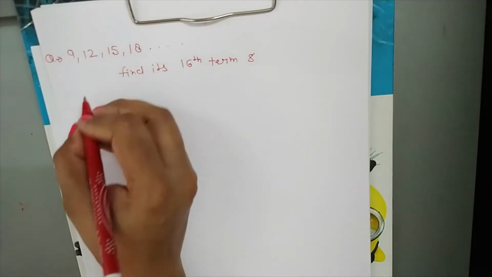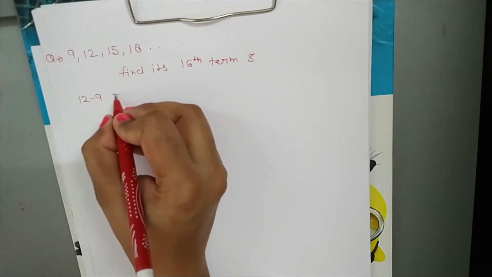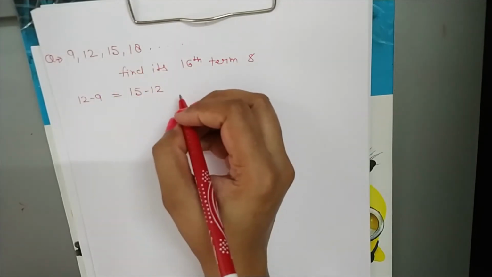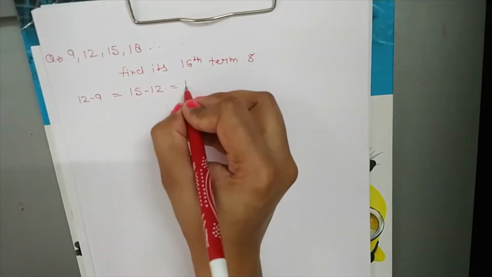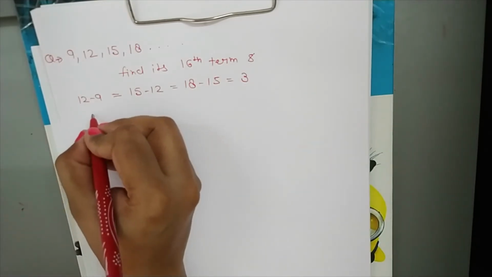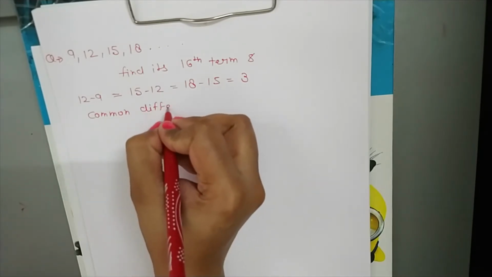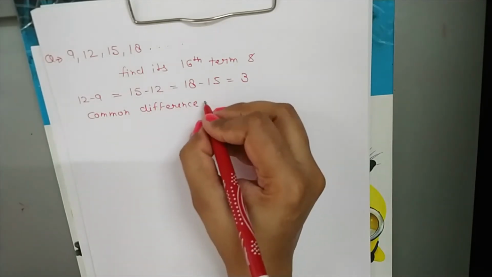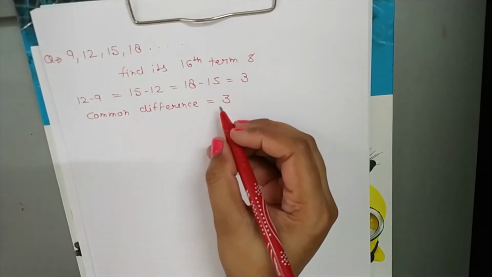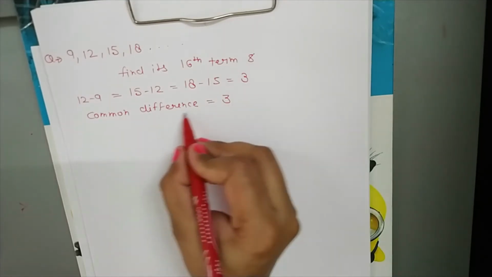Here you can see that 12 - 9, 15 - 12 and 18 - 15 are all 3. So the common difference is 3 and the first term is 9. The common difference is the same, so we can say the given sequence is an AP with common difference 3.